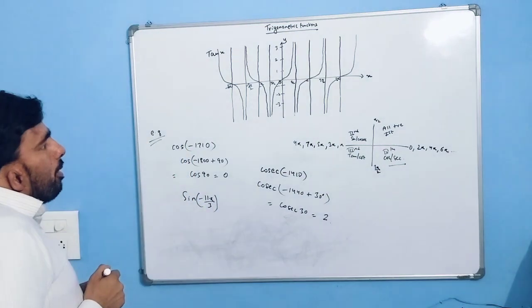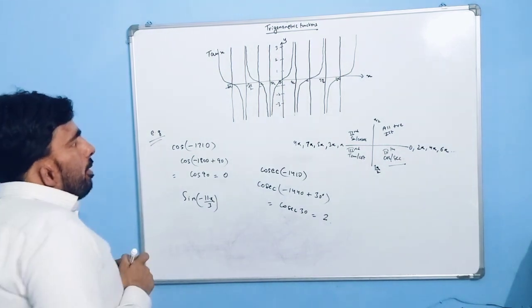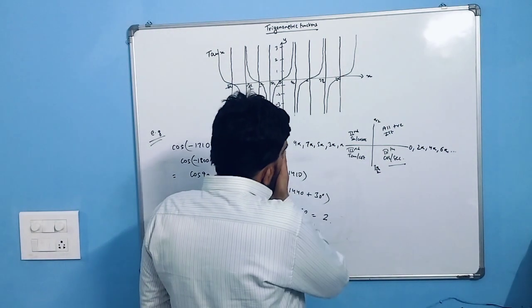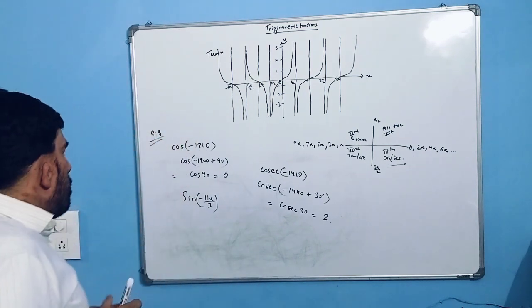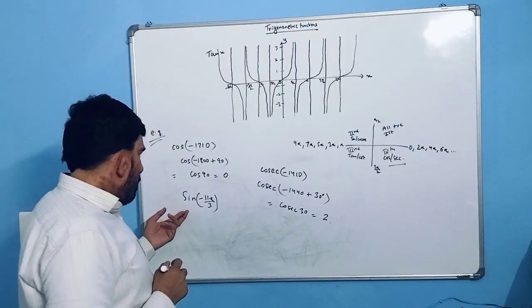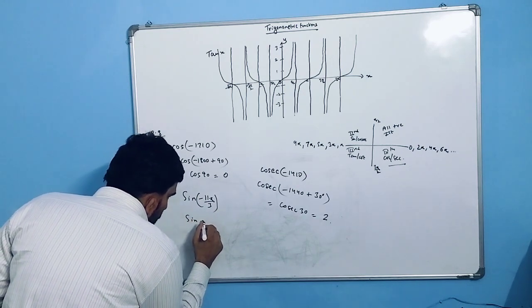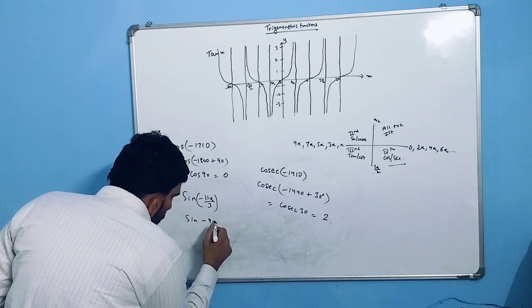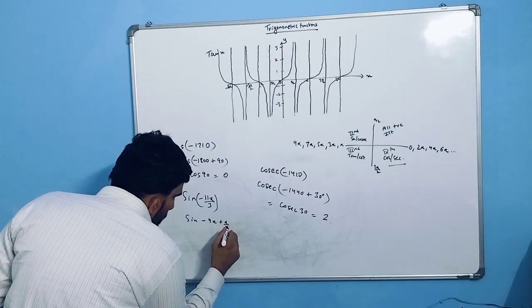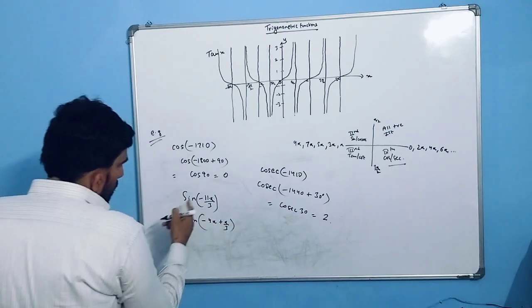So where it will be 660, we need to find. It's already given in the negative value. You can write this as minus 4 pi plus pi by 3. Okay, because it is negative.